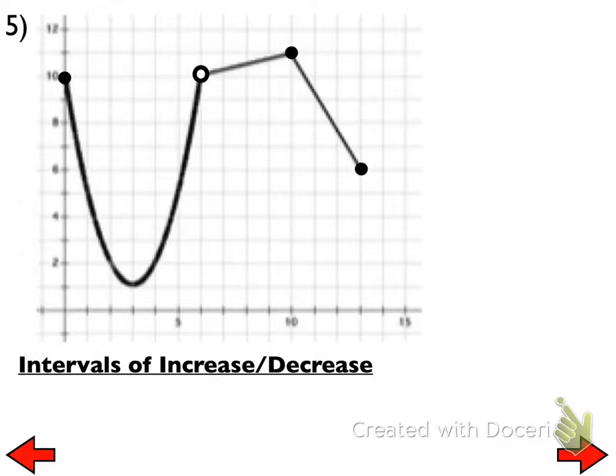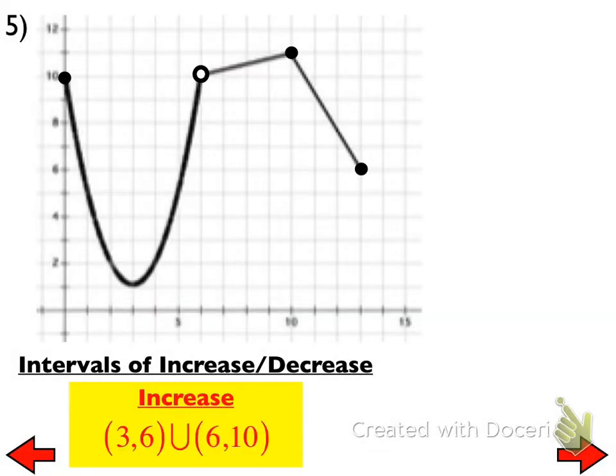So intervals of increase. Well, this nonlinear graph is increasing from here to here, and then from here to there. So therefore, that would be from 3 to 6, and then from 6 to 10. It is decreasing from here to here, and then from here to here.